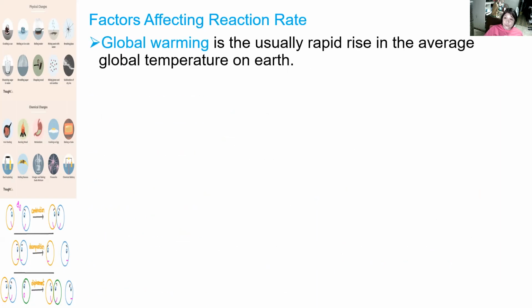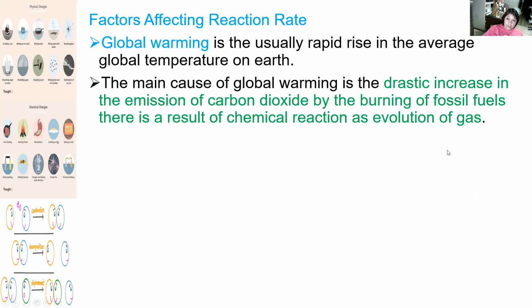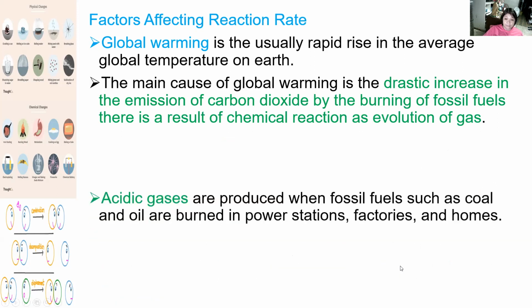Global warming is the rapid rise in the average global temperature on Earth. The main cause of global warming is the drastic increase in the emission of carbon dioxide by the burning of fossil fuels. This is a result of a chemical reaction, the evolution of gas.